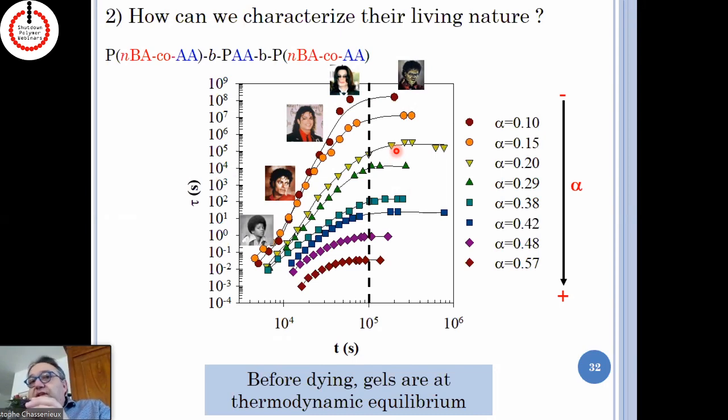So what you can do is to start with a system which is at thermodynamic equilibrium when it's not aged at all. You can try to reach this aging and this death much faster just by playing with temperature.